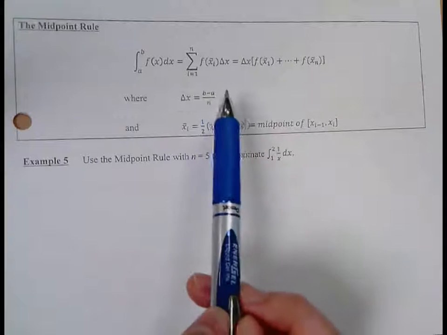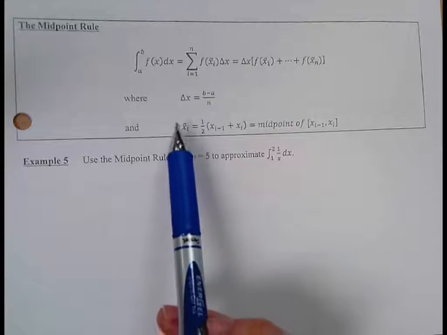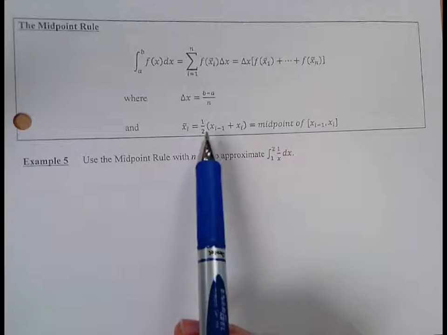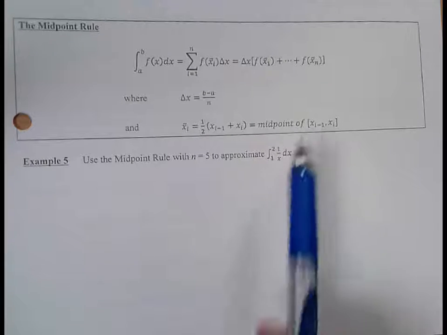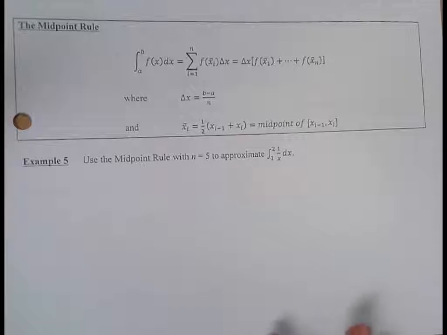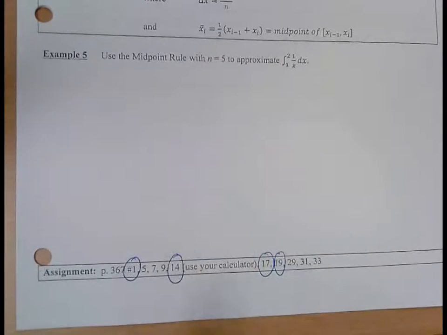So finding delta x is the same. X sub i bar is the midpoint of any given interval. So example 5 says to use the midpoint rule with n equals 5 to approximate this integral.